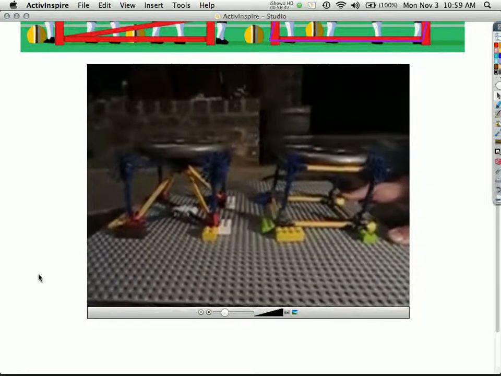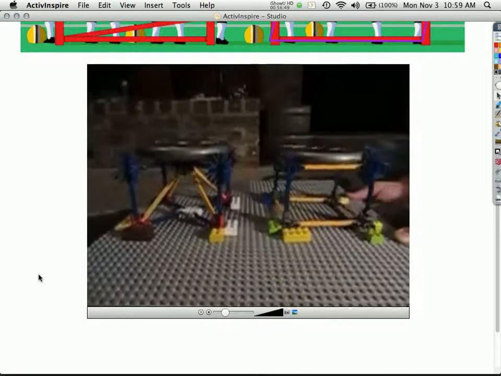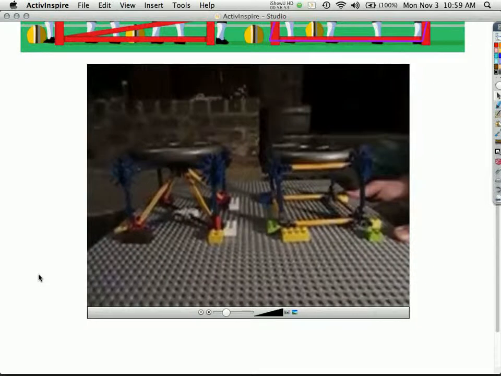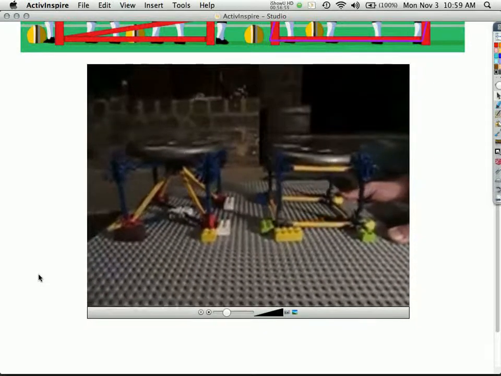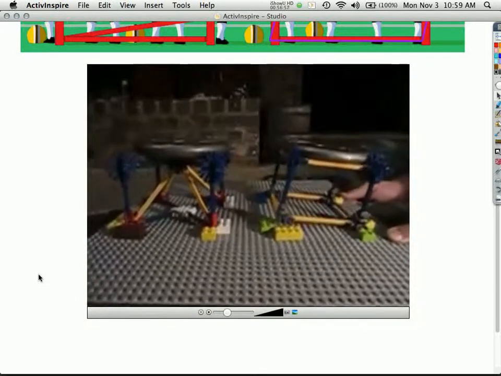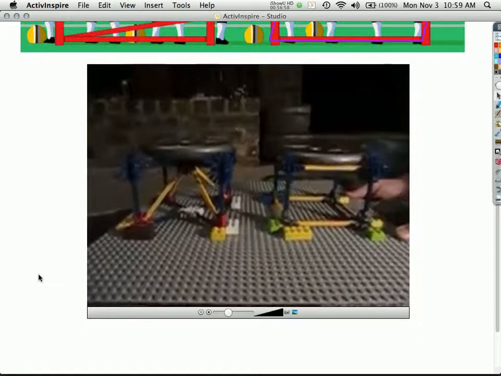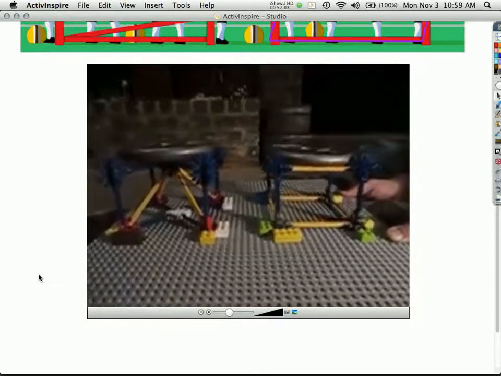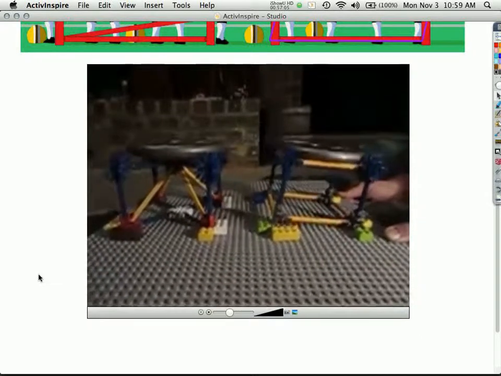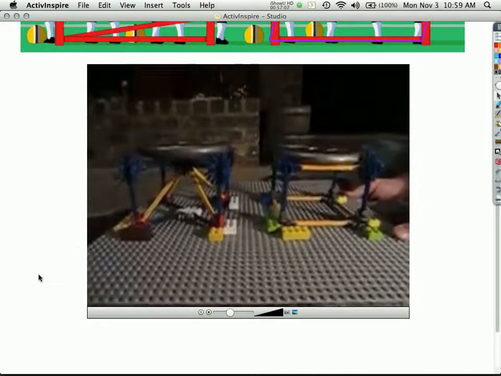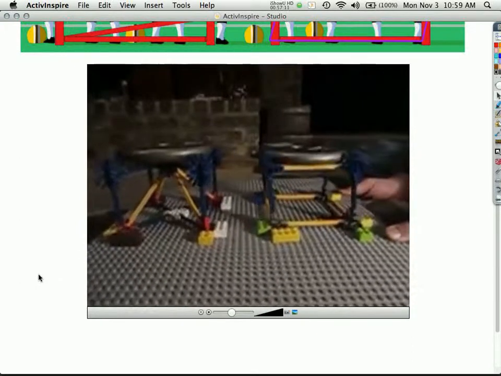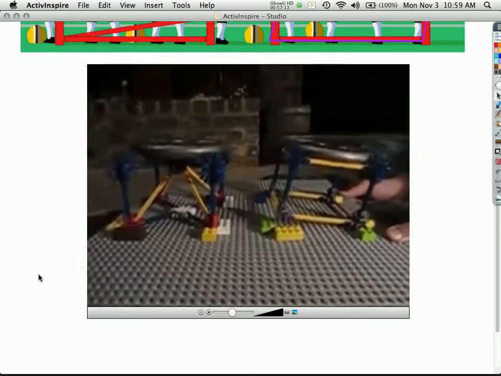It's swaying back and forth versus this, which has no bend at all. The person starts shaking it more and more, and it becomes more dramatic. But you can clearly see the strength of the triangular structure versus the rectangular structure.